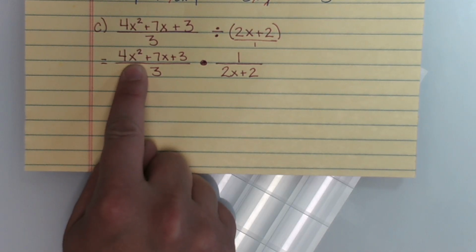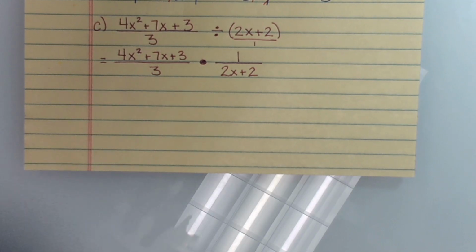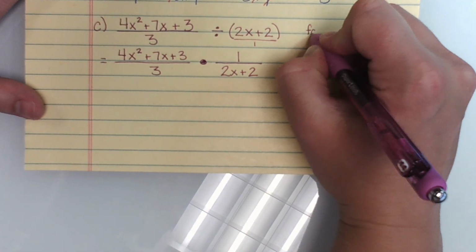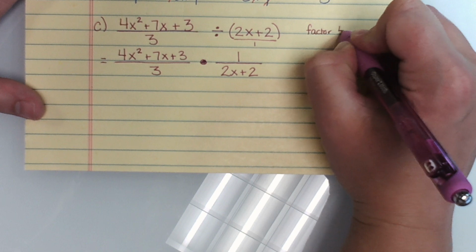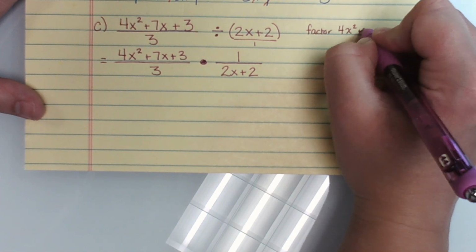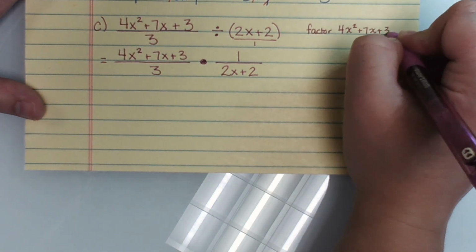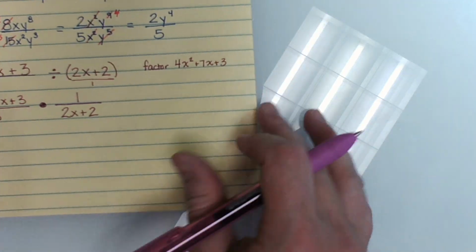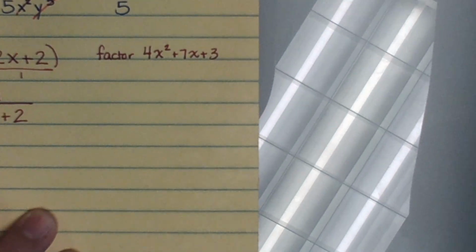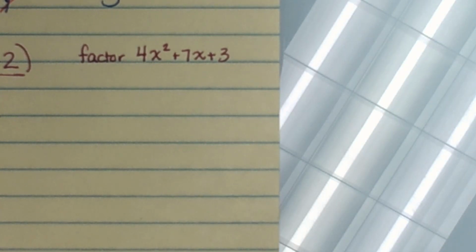Can I factor 4x squared plus 7x plus 3? Maybe, but I can't do the shortcut, can I? Since I'm doing a longer form of factoring, I'm pulling it off to the side. How do we full AC method again?